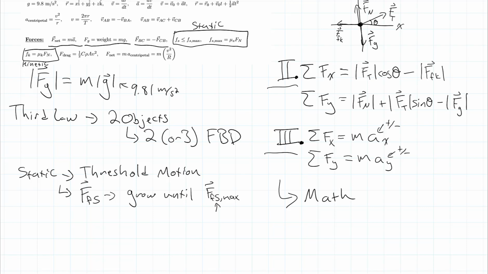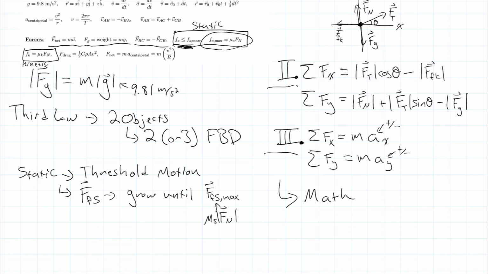And that is mu_s times a normal force. In general, we have this less than or equal to relation here, and then we have a max condition that gives us motion.